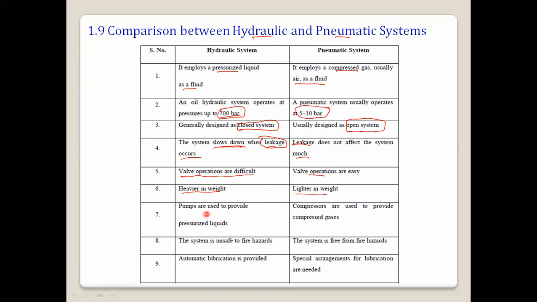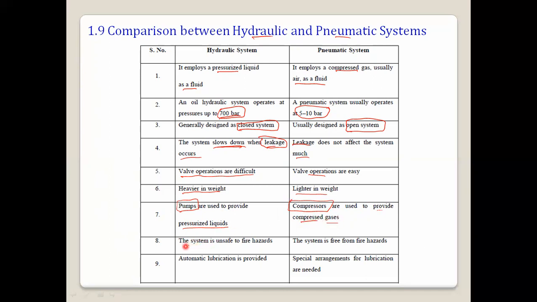Mainly here we are using pumps in hydraulic systems, and a pump pressurizes the liquid. In the pneumatic system we are using compressors, which are used to compress the gas.